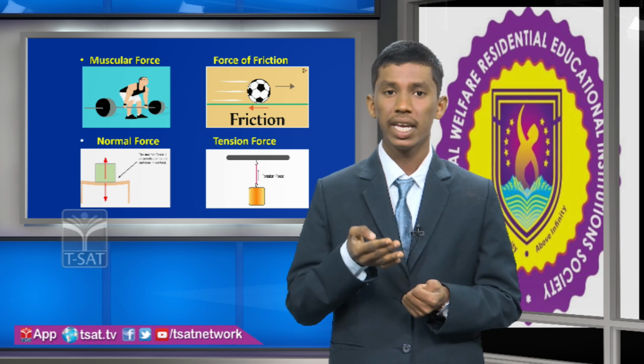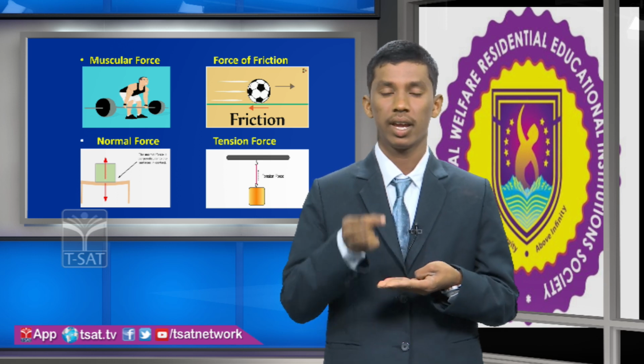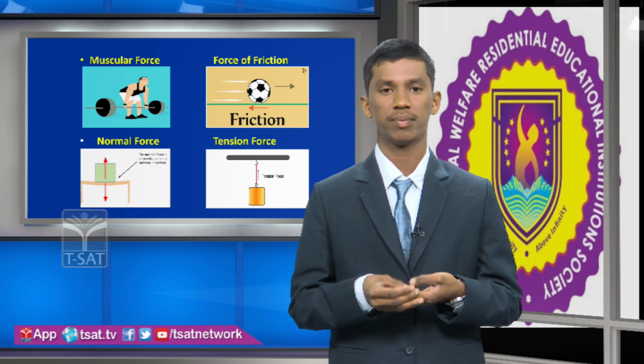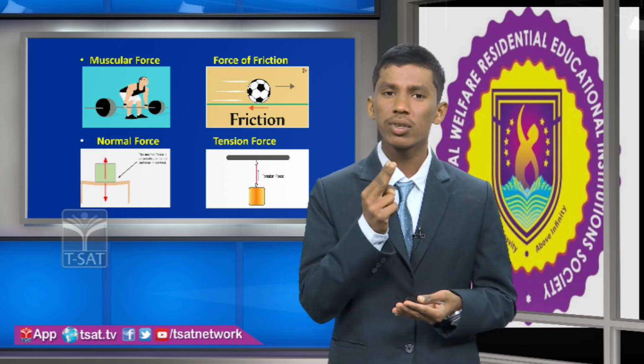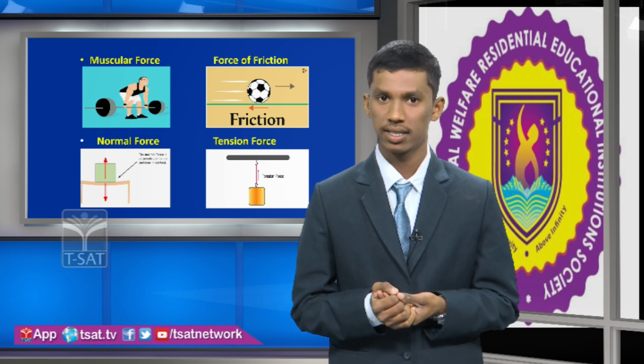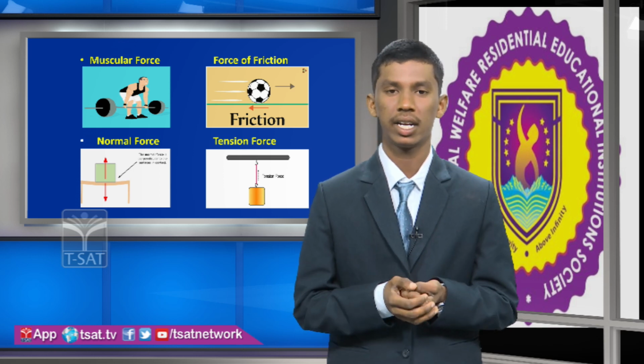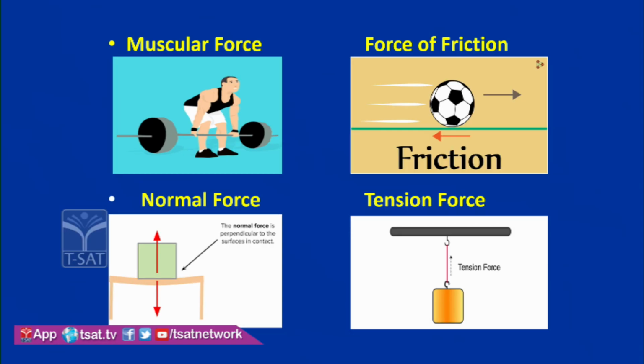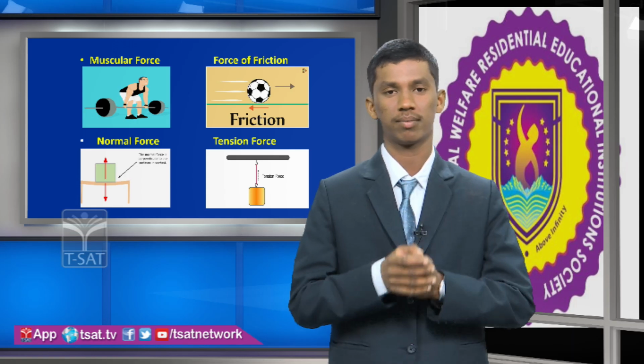Friends, when I keep an object on top of a table, two forces are acting. One is gravitational force and the other is normal force. Here normal force acts perpendicular to that object.